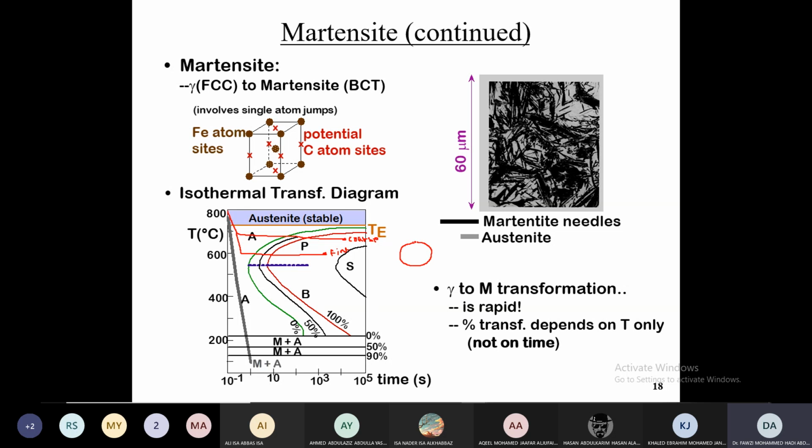So the coarse perlite, for example, let's say a very coarse perlitic structure, we will have like this. This is a coarse perlitic structure, all right, and like that. While we have the fine perlite, enough to point out with the arrow instead of writing again.